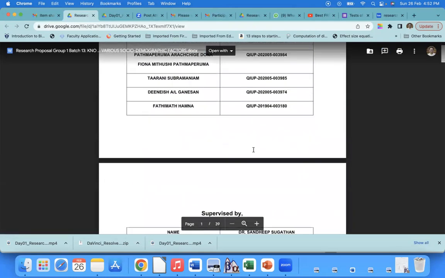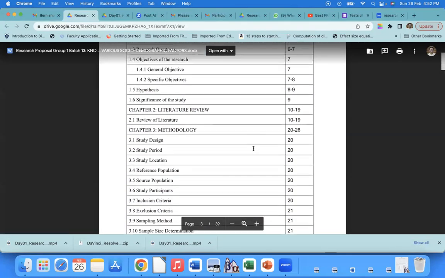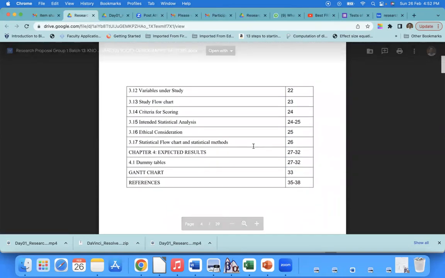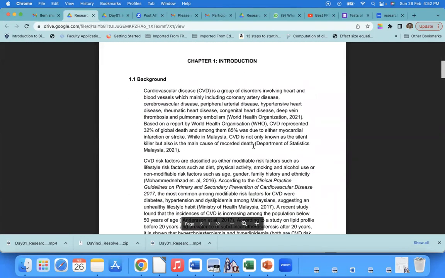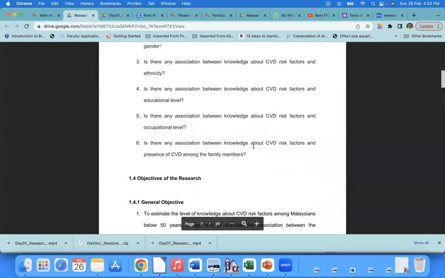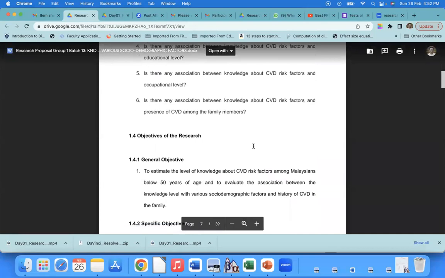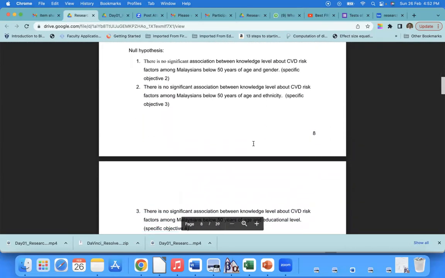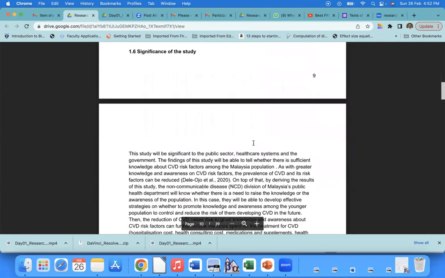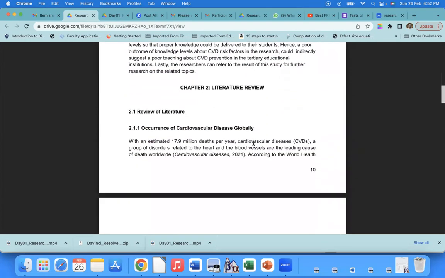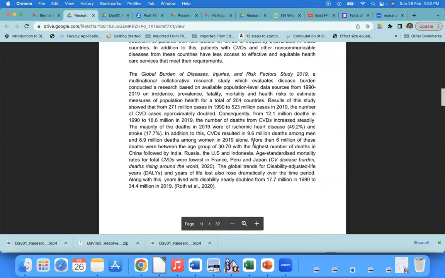Okay, participants. So this questionnaire part, the data collection tool. So background, problem statement, research questions, objective, hypothesis statements. Then significance of the study, then review of literature.